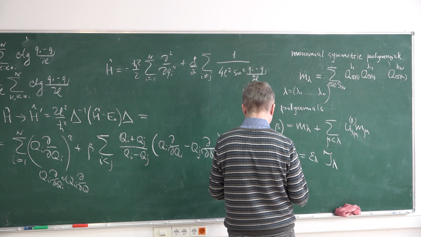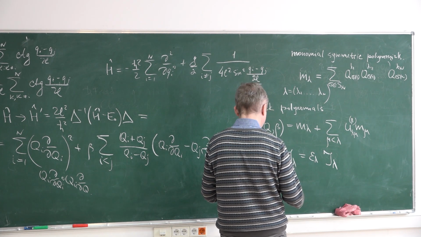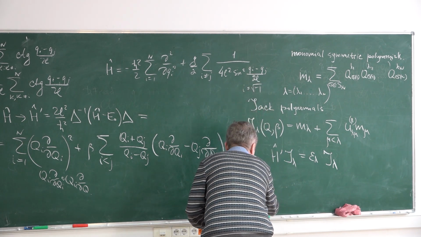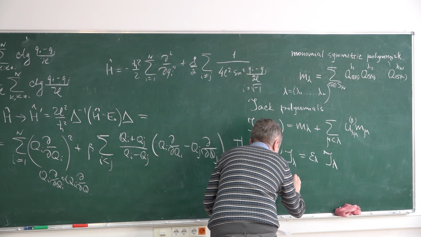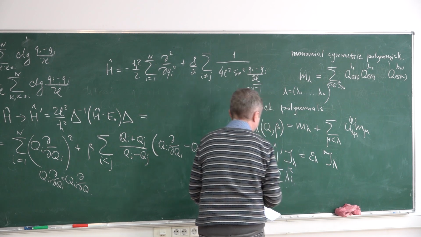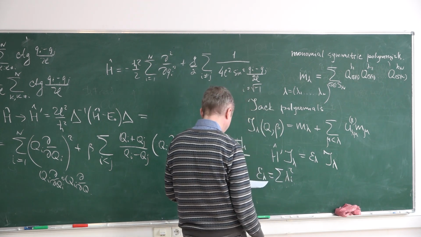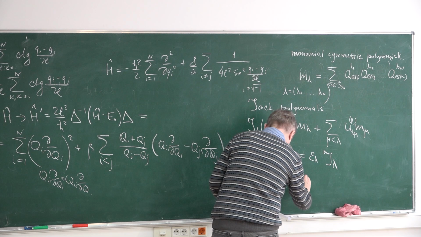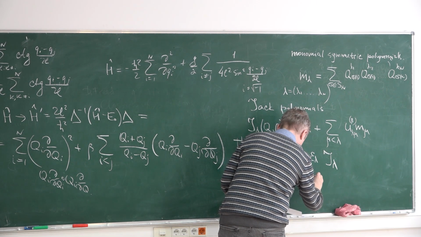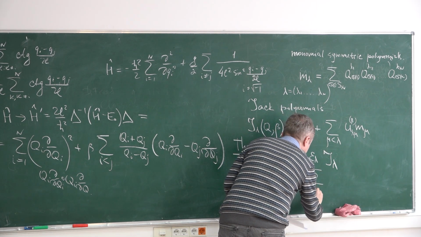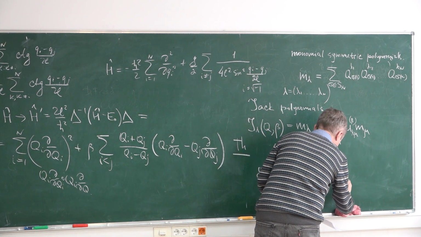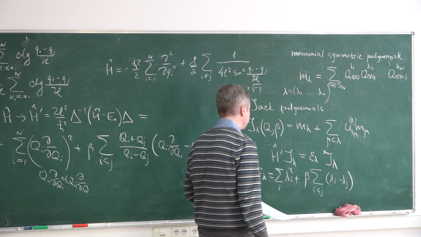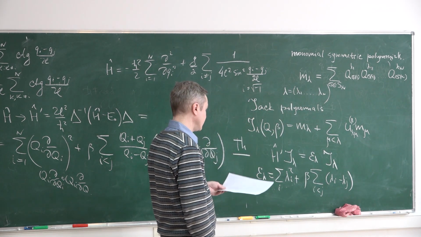We may write this eigenvalue: epsilon lambda is a sum over squared lambda i's plus beta sum over i minus j lambda i minus lambda j. So this is an eigenvalue.